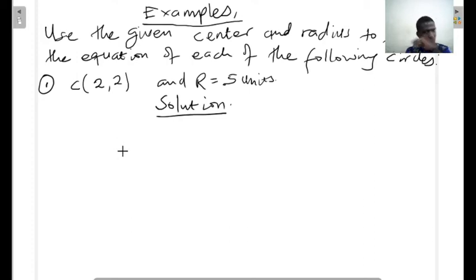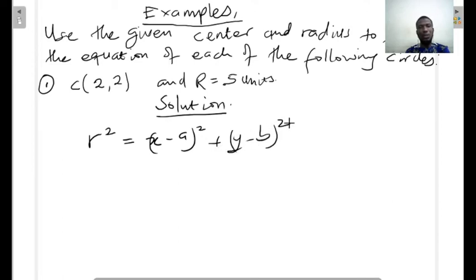So it will be very necessary for us to write the standard equation of a circle. That is the square of the radius being equal to (x - a) all squared plus (y - b) all squared, where a and b are the coordinates of the center and r is the radius of the circle.